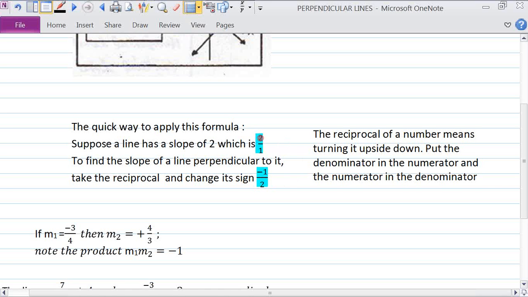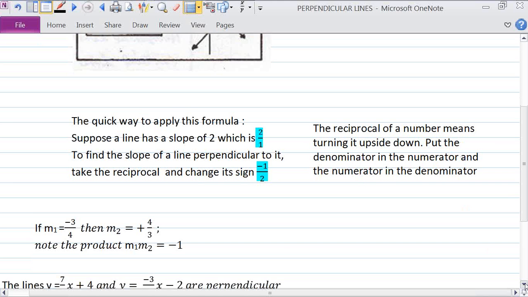So just flip it. 2 over 1 becomes 1 over 2, and then change its sign, so we put a minus in front of it. The reciprocal of a number means turning it upside down: put the denominator in the numerator and the numerator in the denominator.